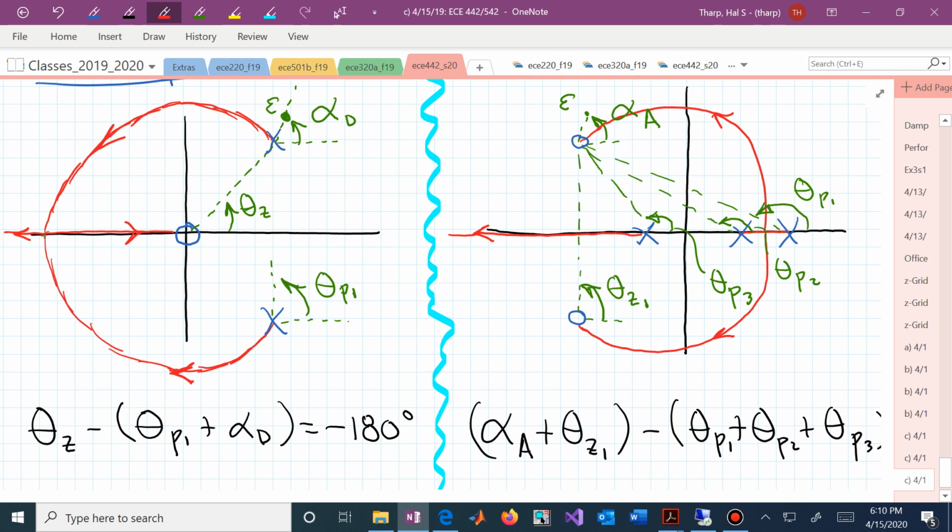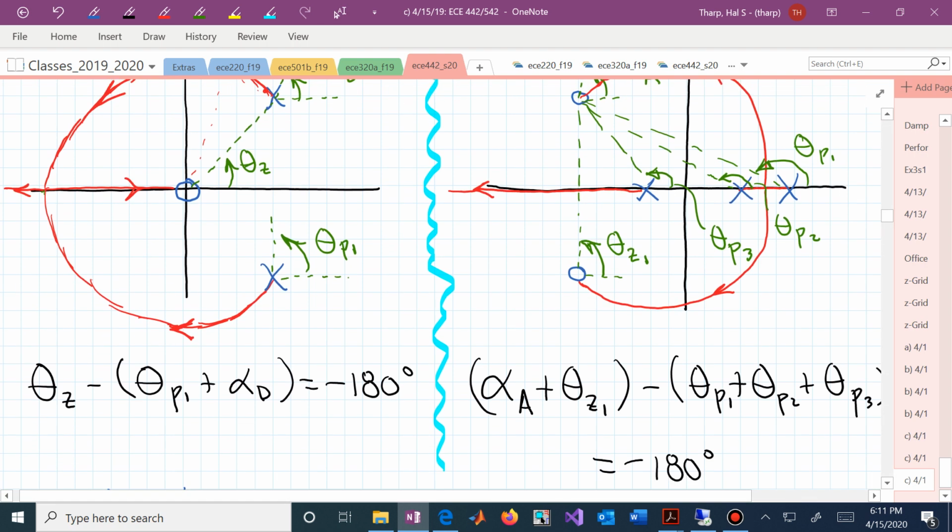All of these angles, any point on this root locus has to have an angle of minus 180 degrees. So if this point is on the root locus, then this angle minus this angle and this angle needs to sum to minus 180. That's why I can say, an epsilon distance away from that pole is some point on the root locus.